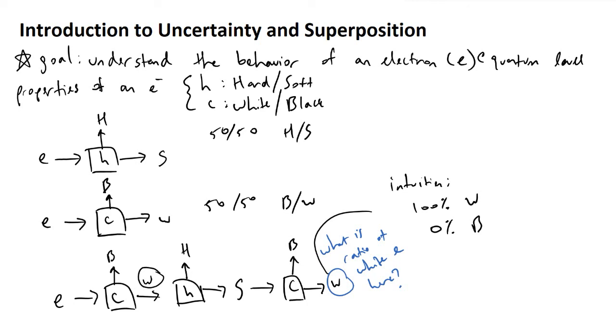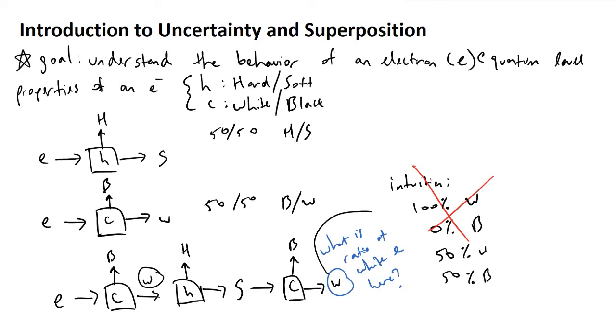And so what we've learned from our experiments, however, when we look at single electrons traveling through this apparatus, is that this intuition is 100% wrong. This intuition is wrong because what we're actually seeing is that ratio 50-50 again, of 50% white to 50% black.